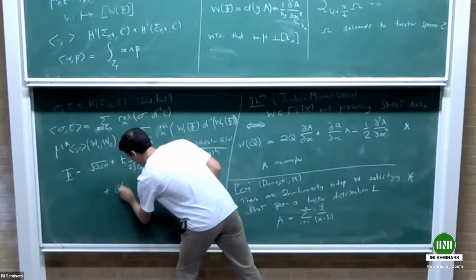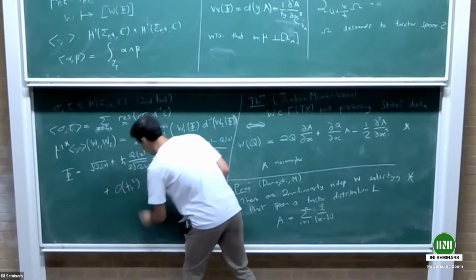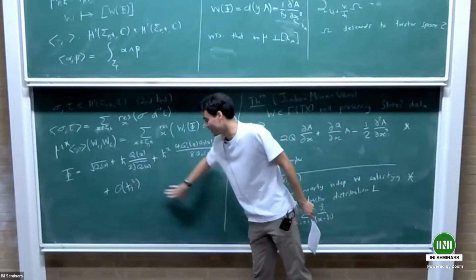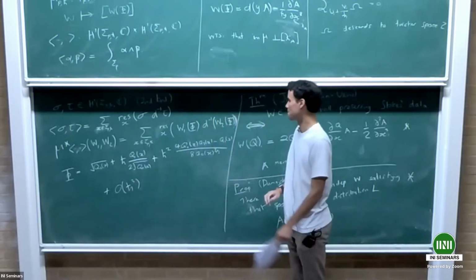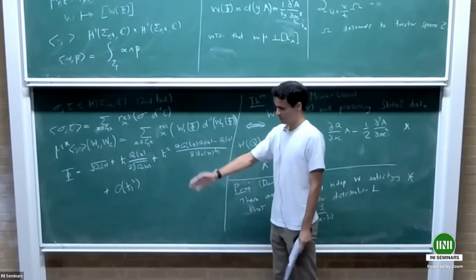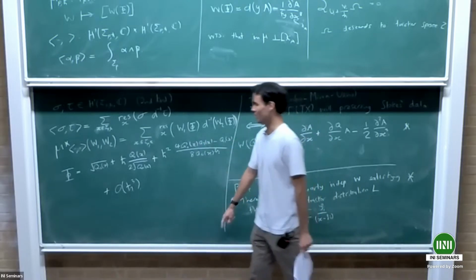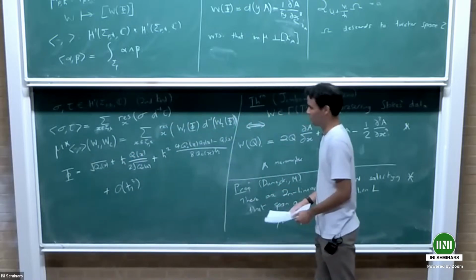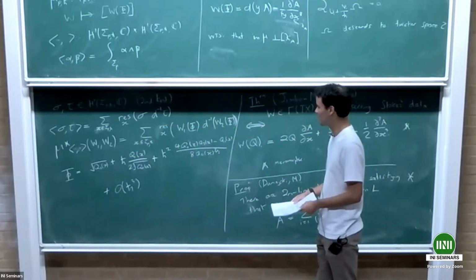Plus O of h bar cubed. And you basically just have to trust me that the trailing terms in higher orders of h bar vanish to quite high order at the poles of Q0, which is infinity.